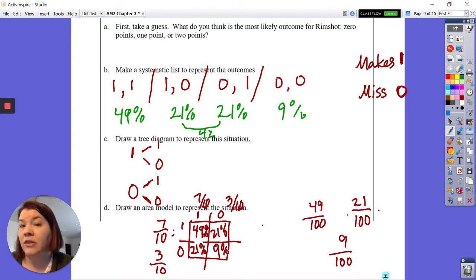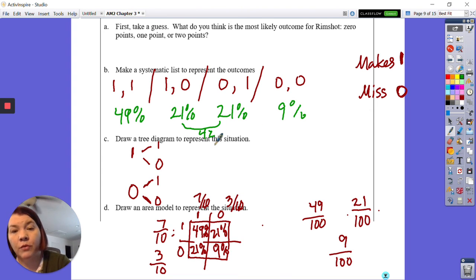So he is actually more likely to make 2. See the difference there? Does that make sense? So Rimshot is more likely to make both, but only just, not 50%, 49. So again, 49 plus 9 plus 42 has to make 100, which it does. So we're all set. We got this right.